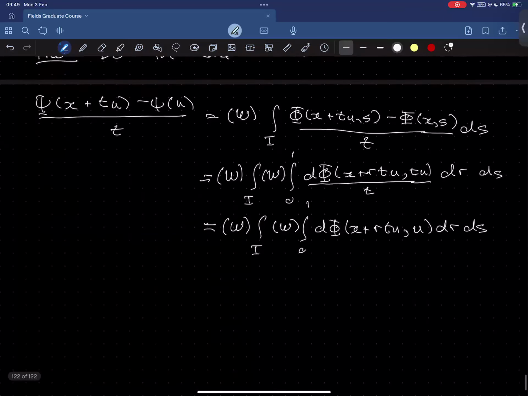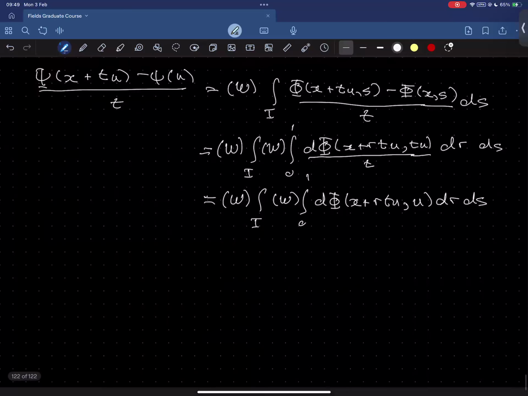Okay, so everybody got a fail on that, sorry. Now I notice that when t is equal to 0, because that's the whole point of this, to try to get an expression for the difference quotient when t is equal to 0. So when t is equal to 0, what is this inner weak integral?